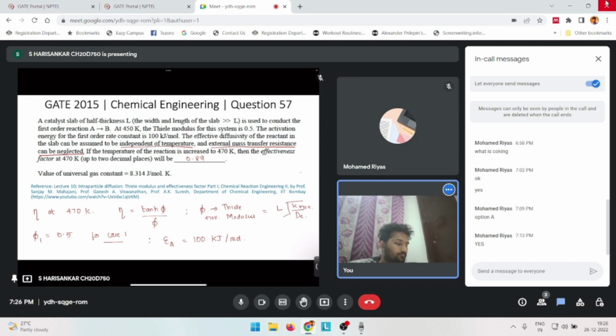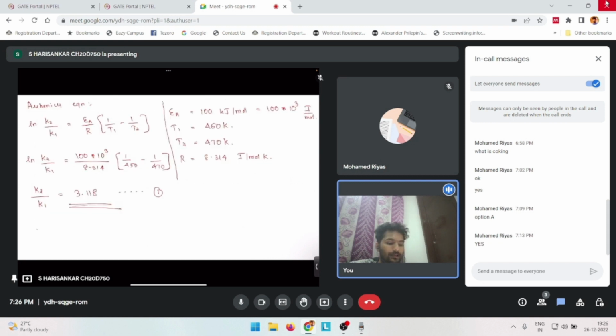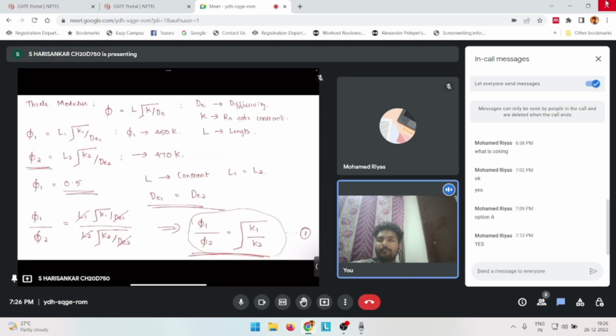And for that, first we needed to find the reaction rate constants ratio, or basically K1 by K2. And to find that K1 by K2, we applied Arrhenius equation, and we found out that K1 by K2 is basically 1 by 3.118. And then we moved on to the concept of Thiele modulus.